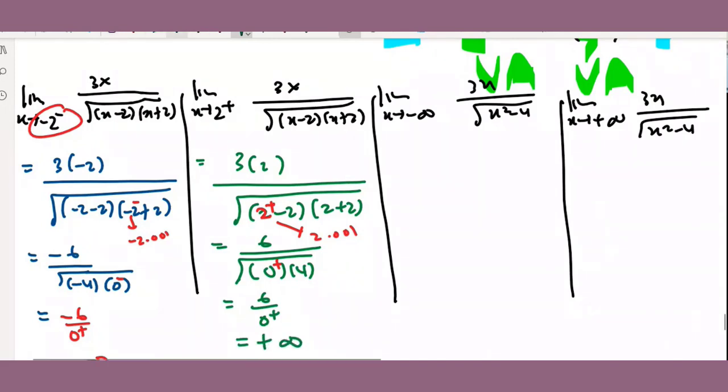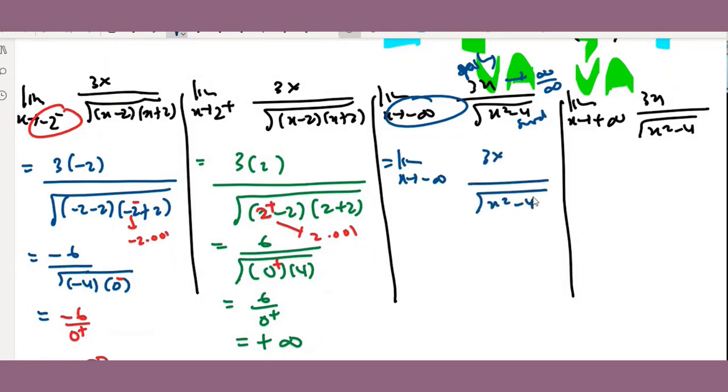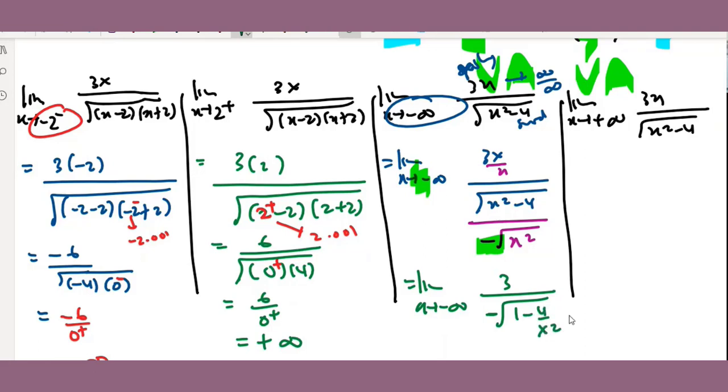Now for the infinity ones, substituting gives infinity over infinity, an indeterminate form. It is a polynomial over a square root, so divide the polynomial by x and the square root by x squared. As x tends to negative infinity, x is negative, so the square root part is divided by negative x squared. We get limit as x tends to negative infinity of 3 over negative the square root of 1 minus 4 over x squared.